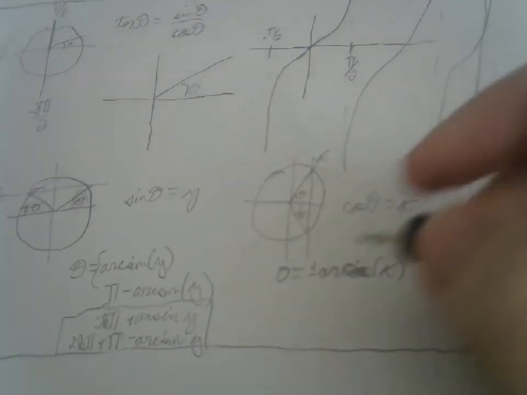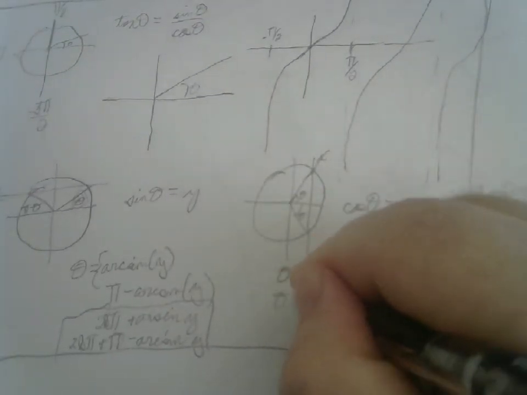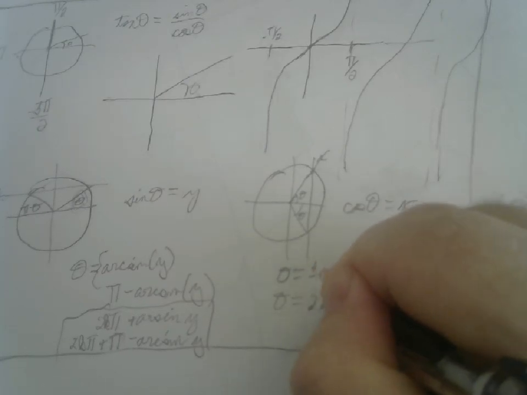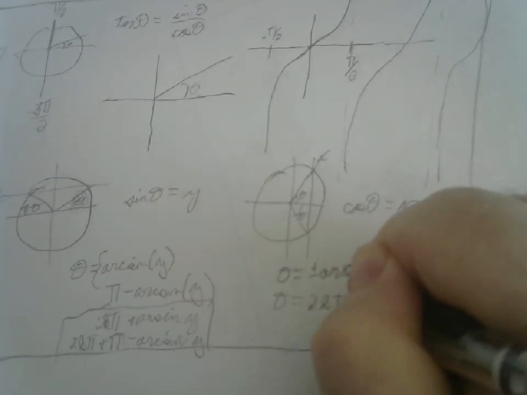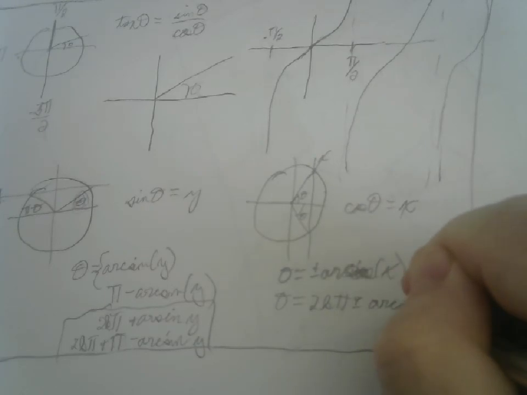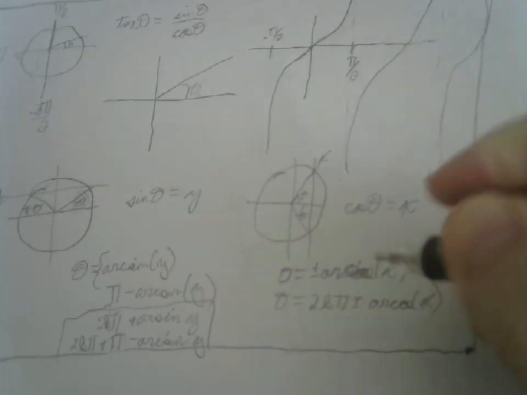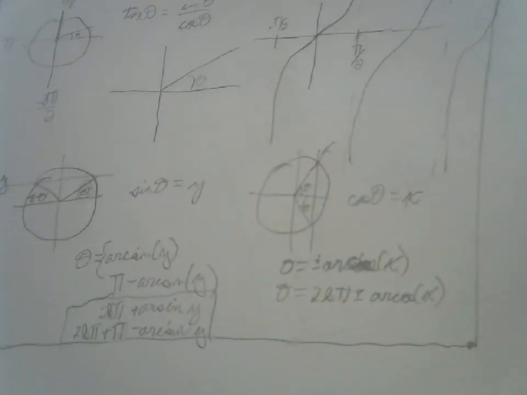And you can do that once again with 2k pi plus or minus arc cosine of x, and that will give you the entire set of solutions, theta, that you can have.